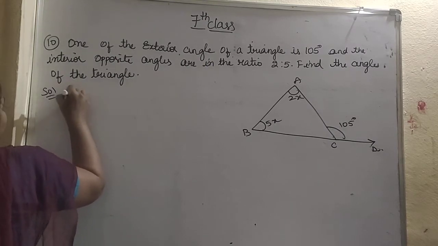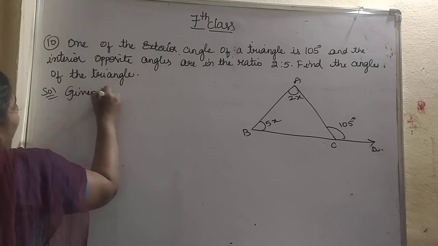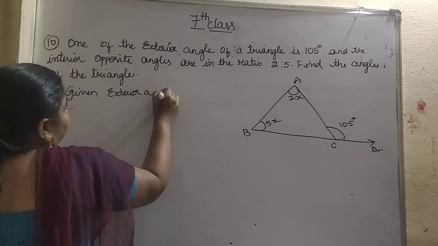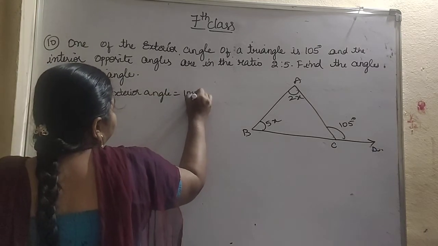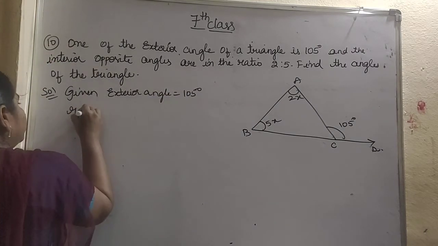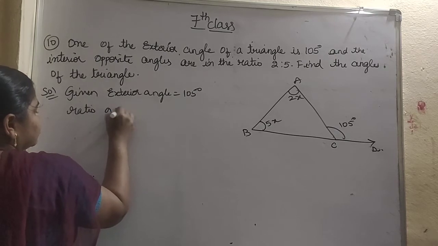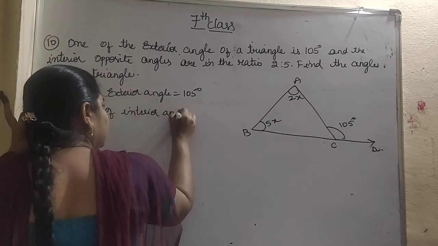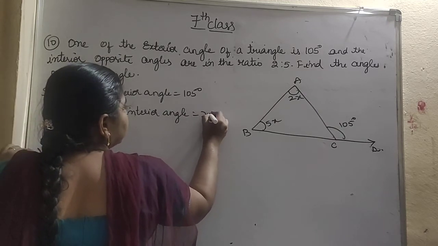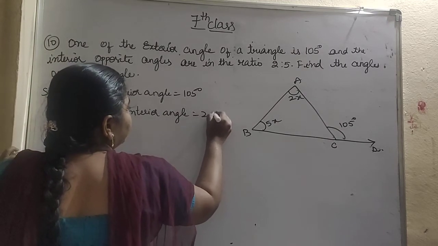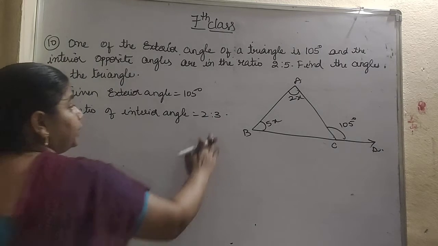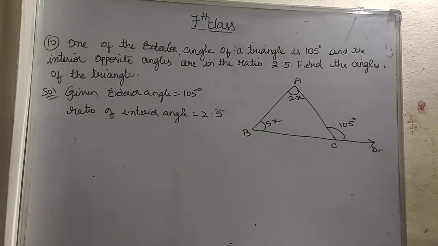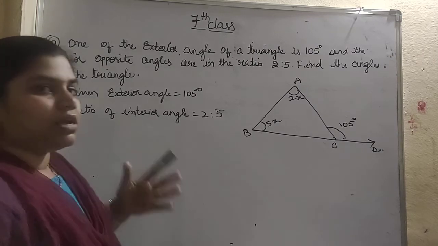So given, exterior angle is equals to 105 degrees and the ratio of two interior angles is 2:5. So this ratio means the result will be in the form of 2 multiples and 5 multiples.